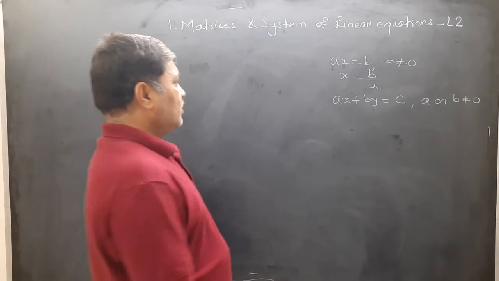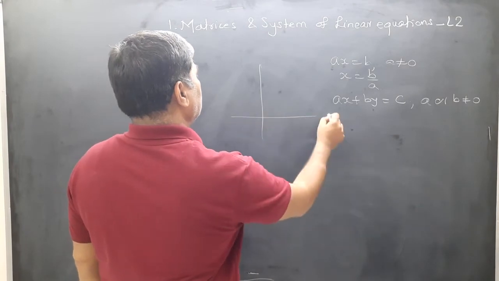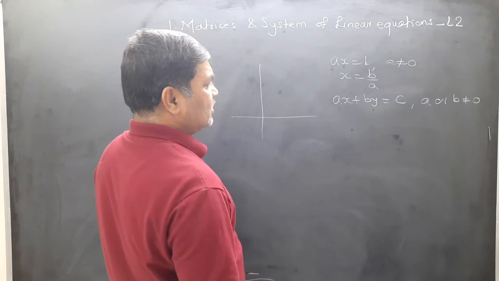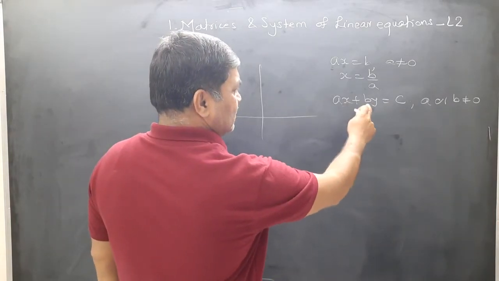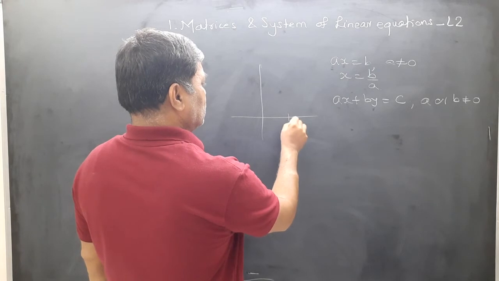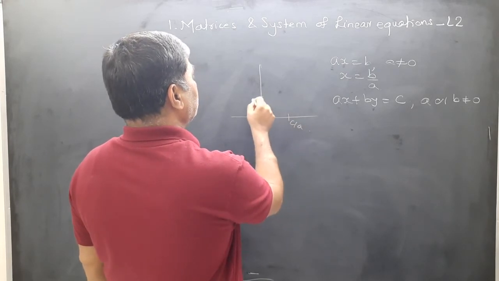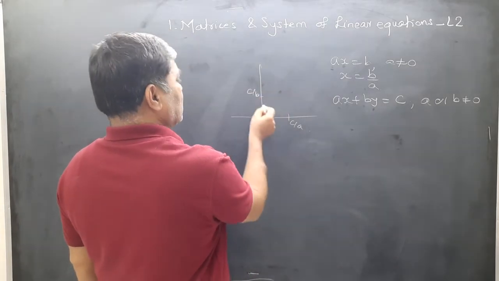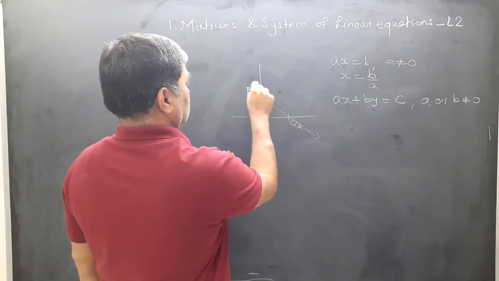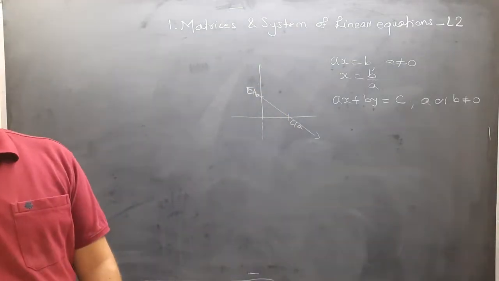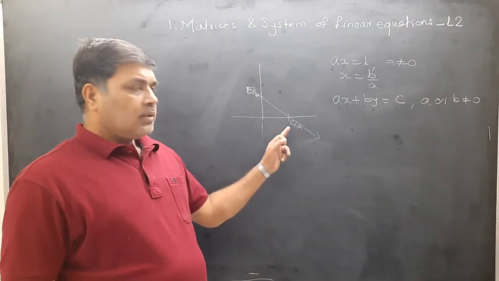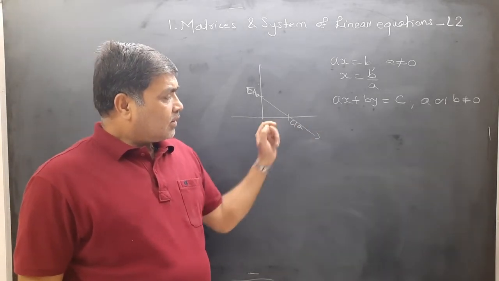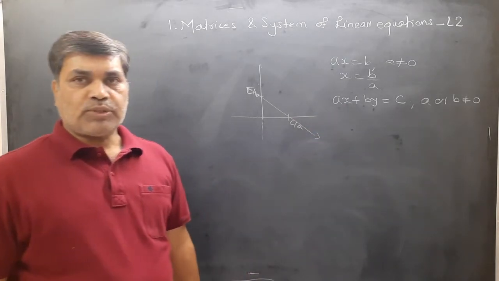And we know that geometrically this represents a line, whose x-intercept, by putting y as 0, is c by a, and y-intercept is c by b. Then this line is the geometrical representation of ax plus by equal to c.